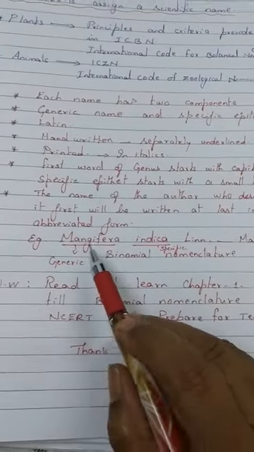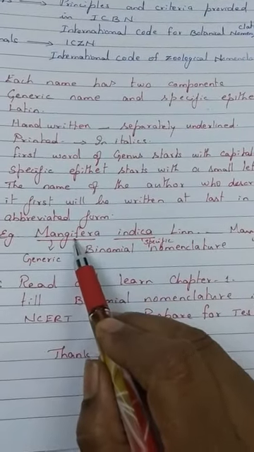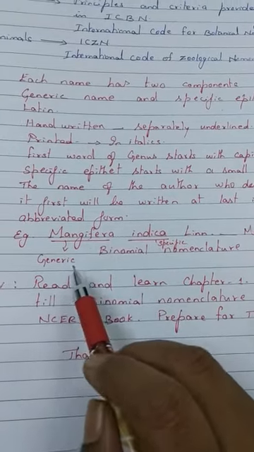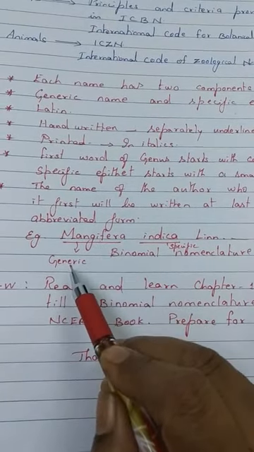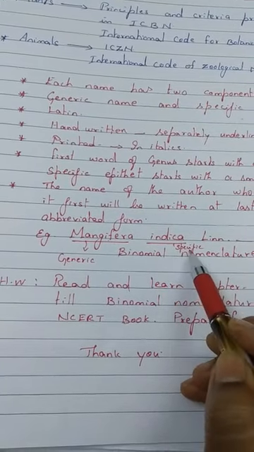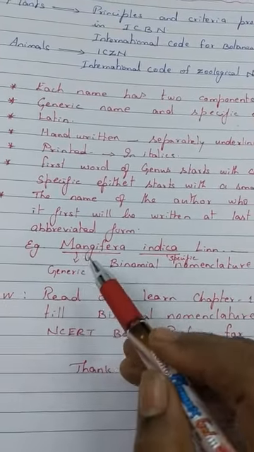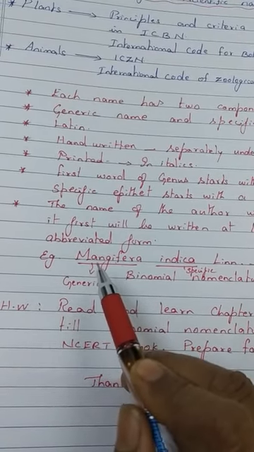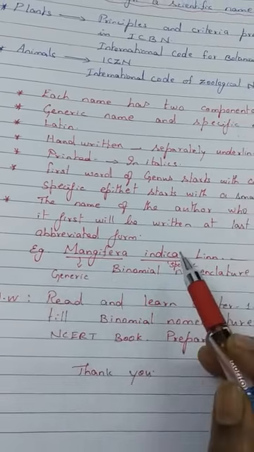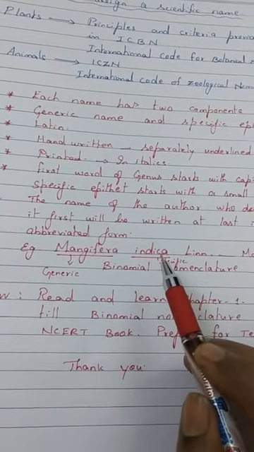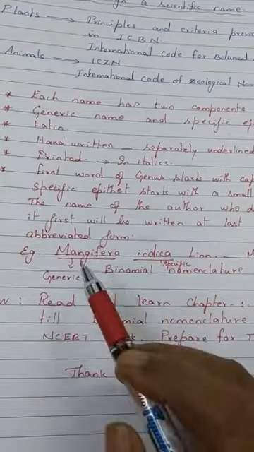The scientific name of mango has two names, Mangifera and indica. The first one is called the generic name and the second one is called the specific name. This is the first rule. The first name will be the generic name and the second name will be the specific epithet. We call this the specific epithet.